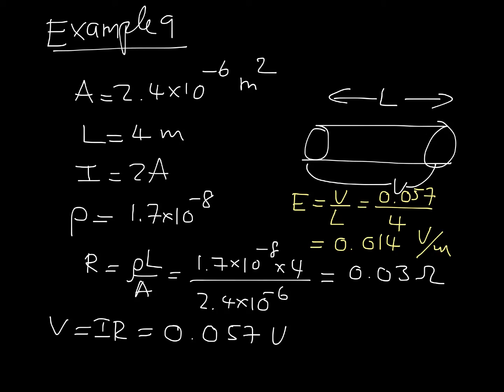We know that P is E over T, and this equals I square R. So E is I square R times T. So we have I times V, and then we multiply by I again, and then we multiply by T, 30 minutes, 30 times 60, so we get 204 joules.